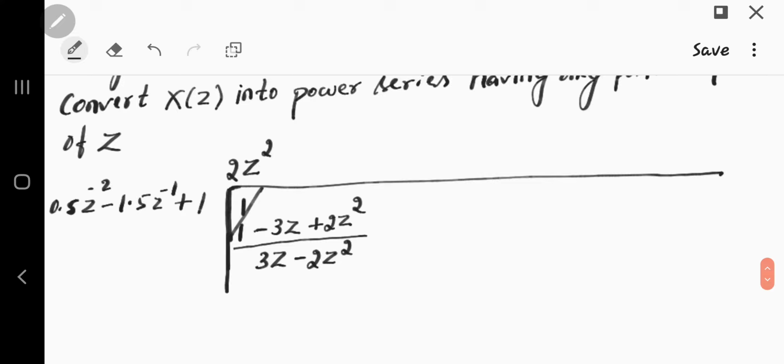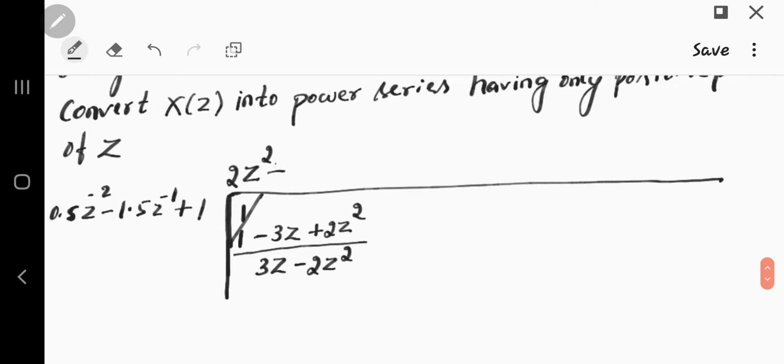Now the first term is 3z, and we have to eliminate that. We have z power minus 2, so to get z I have to go with a higher power than that, that is z power 3. Z cube and z power minus 2 give z there. And we have 0.5 there, so we multiply this with 6. 6 into 0.5 will give you 3.